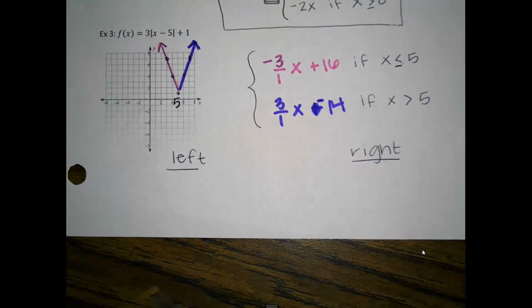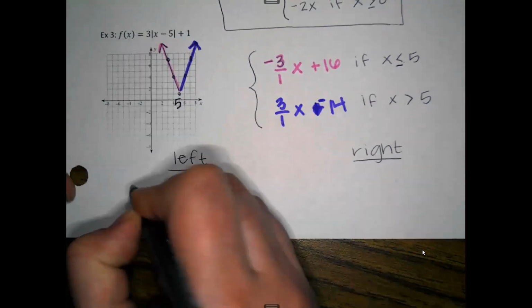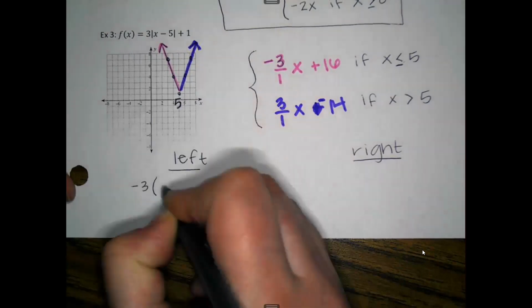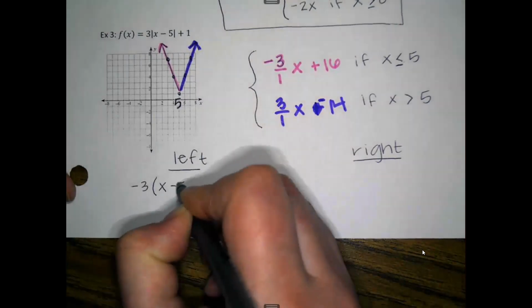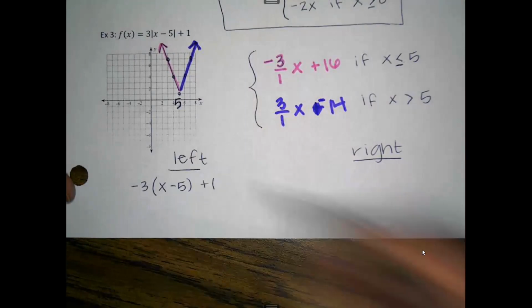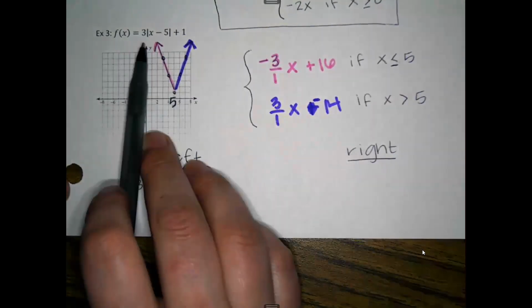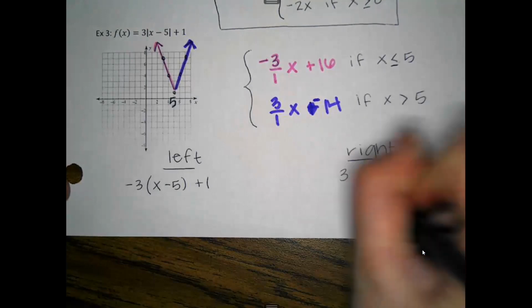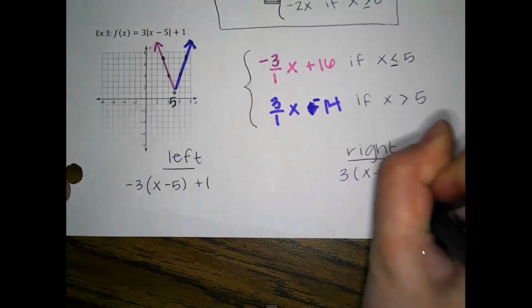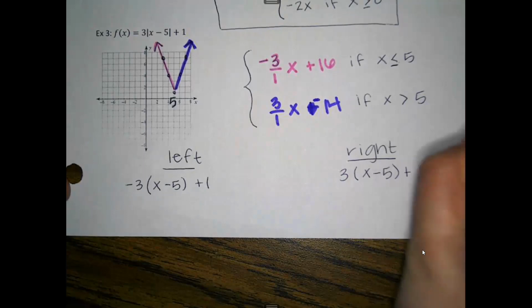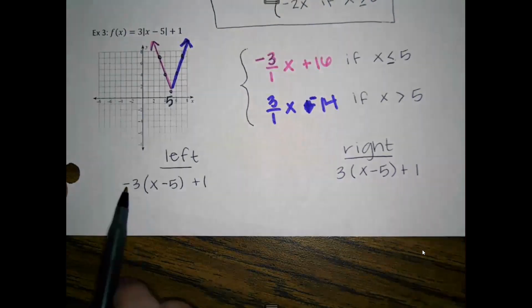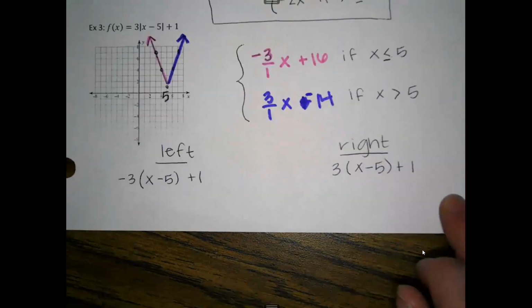What's the negative version of positive 3? -3. So I'm going to say -3 times, and notice I changed the vertical lines into parentheses. On the right side, you do the positive version of whatever the problem was, or you do the same version that they gave you in the original problem. Okay, left side, you do the negative version, right side, you do the regular version.